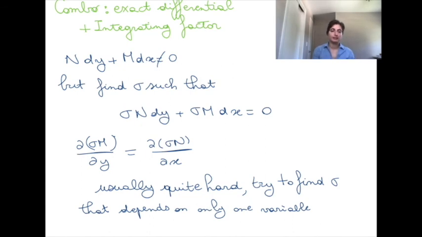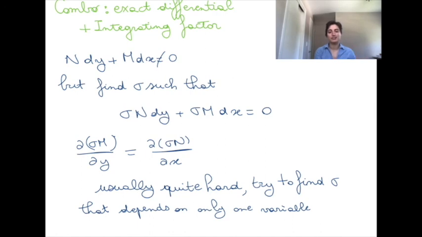That means that we can write the partial derivative with respect to y of sigma m being equal to the partial derivative with respect to x of sigma n. If we're able to find this sigma, then we can retrieve the exact differential approach that we just did.